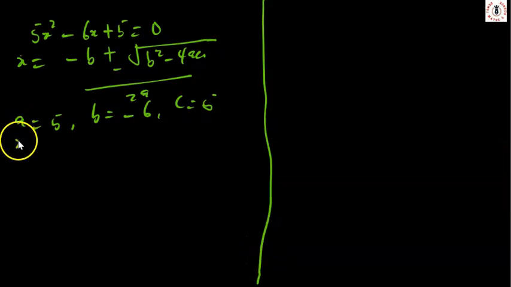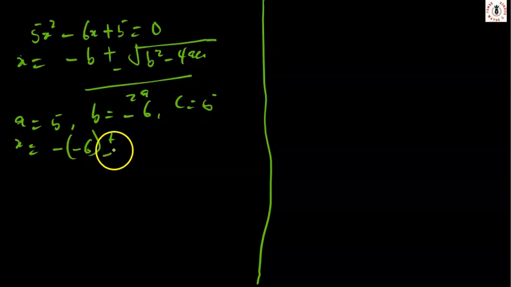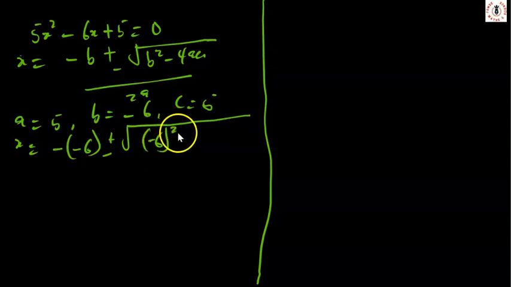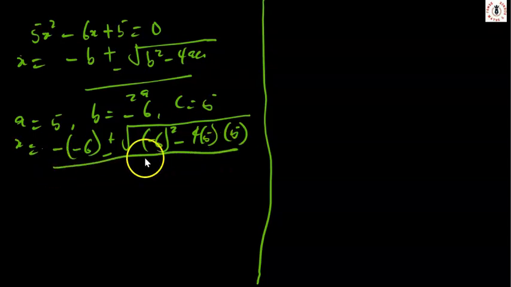So my x now will be the same thing as minus 6, plus or minus square root of b squared, that's minus 6 all squared, minus 4, a is 5 into 5, and c again is 5, all over 2a. 2a is 5, a is 5, so 2a will be 10.